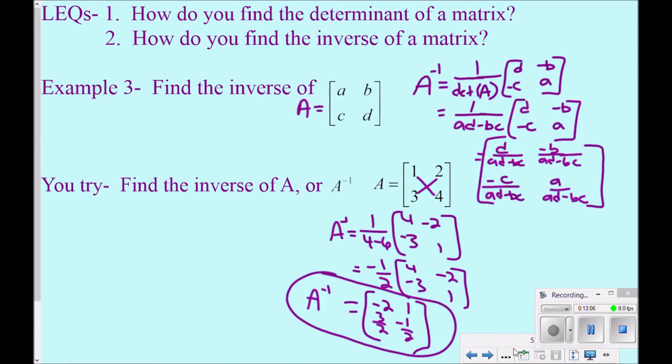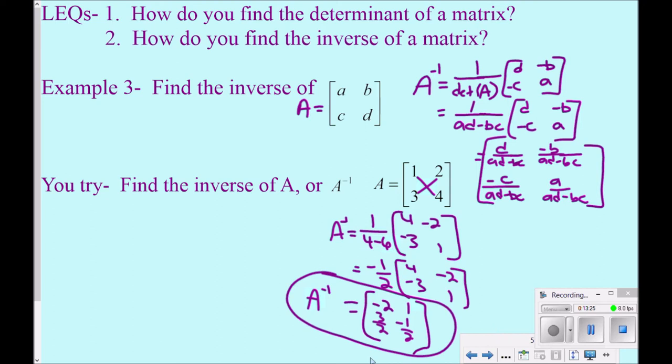If the denominator is equal to 0, then I'll be trying to divide 1 by 0, and we know that's undefined. So the denominator cannot equal 0. Otherwise, we would not have an inverse.